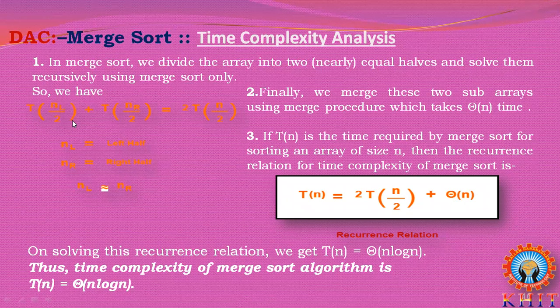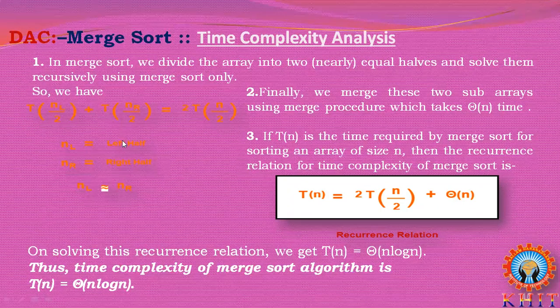The given array is T of n. When the given array T of n is divided into two parts, one is the left sub array and the other is the right side sub array. In this case, the formula is T of n by 2. N is divided into two parts. So T of n by 2 is the left side sub array, and this is the right side sub array, and in total the time complexity is 2 into T of n by 2.